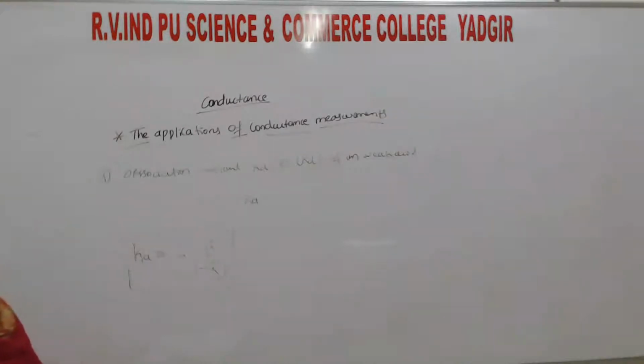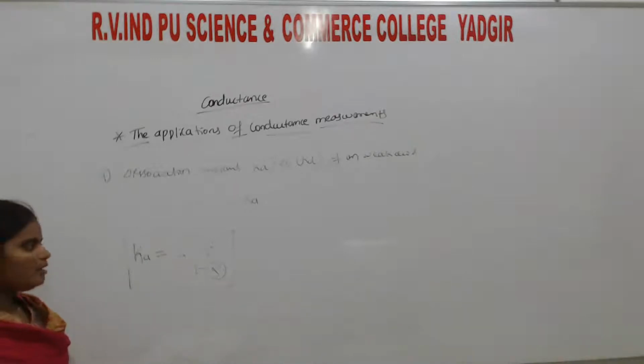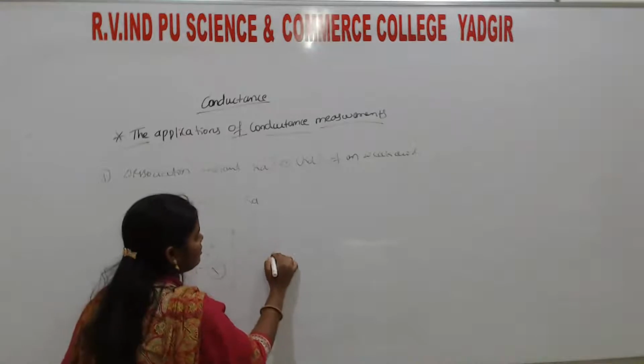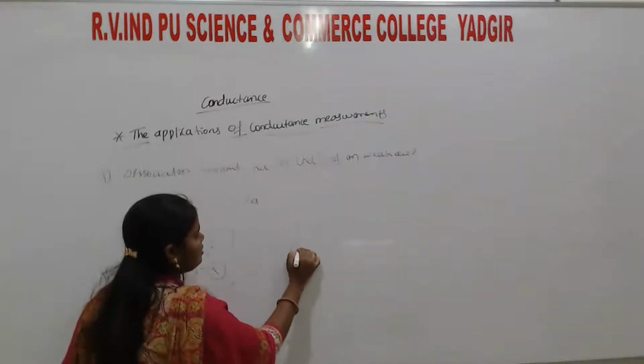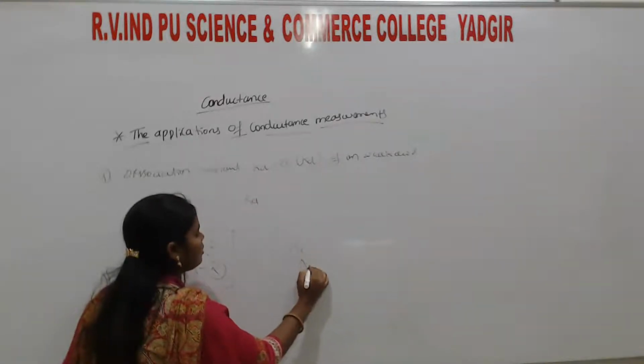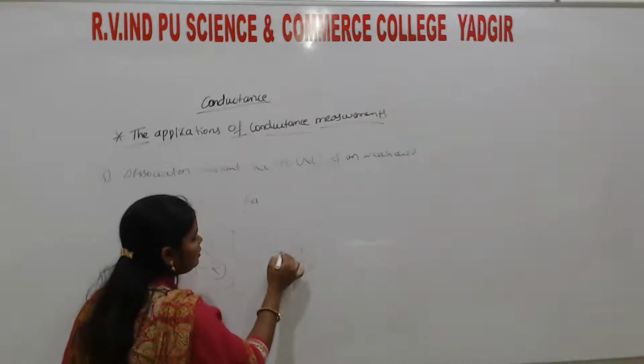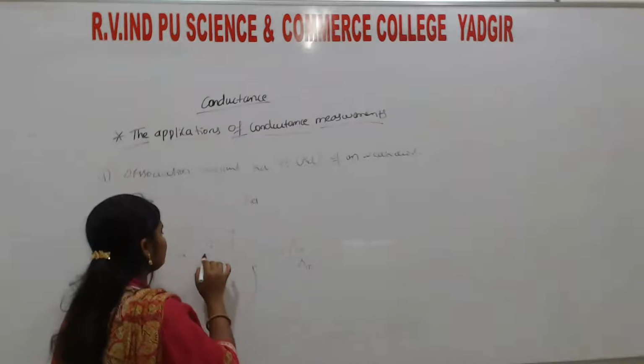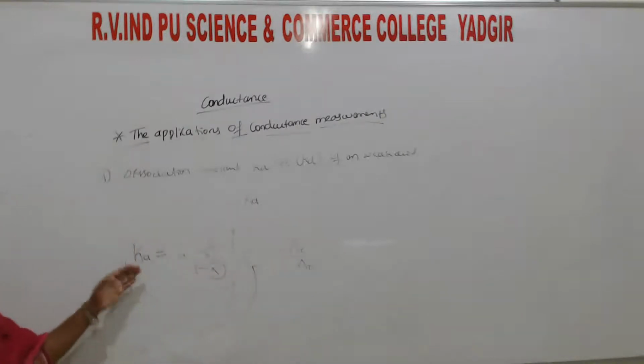Alpha is obtained from the relation alpha is equal to lambda c by lambda naught. You calculate this value to get alpha, substitute it in this equation, and automatically you get the dissociation constant of a weak acid.